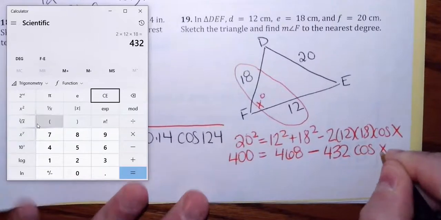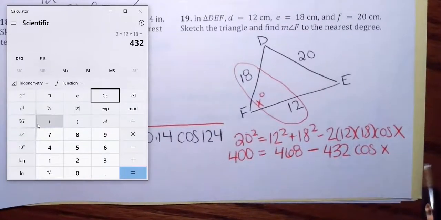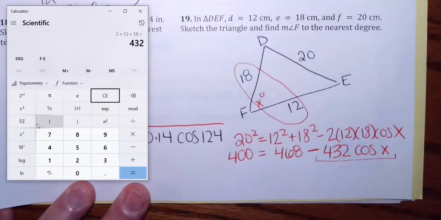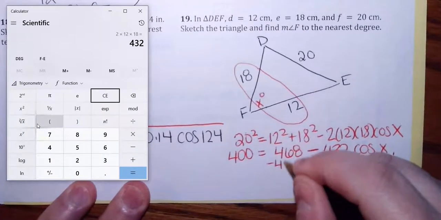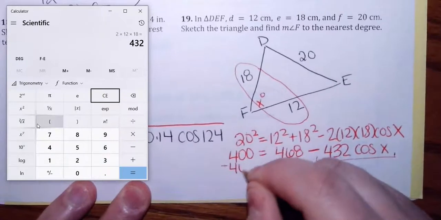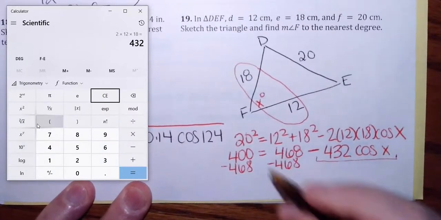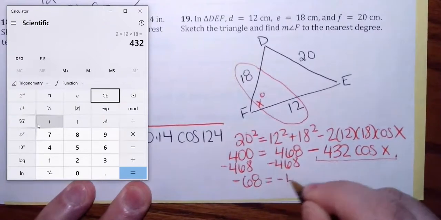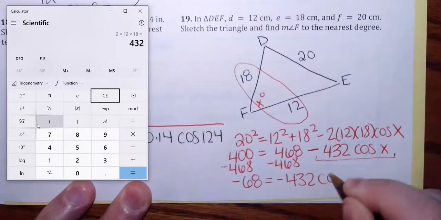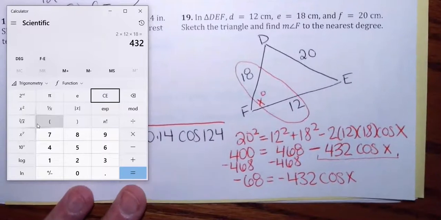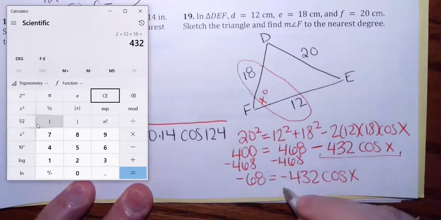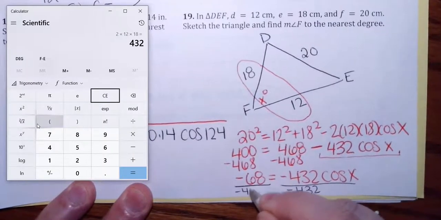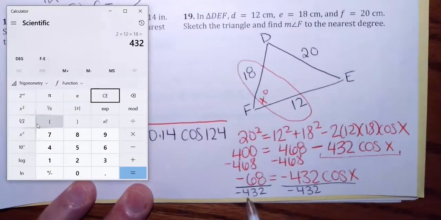Now, don't subtract these. This 432 is attached to that cosine of x. What you actually want to do here is subtract the 468 from both sides. That's going to give you a negative 68. This would be negative 432 times the cosine of x. Now, to get that away from the cosine of x, I'm just going to divide by the negative 432. The negatives are actually going to cancel out.